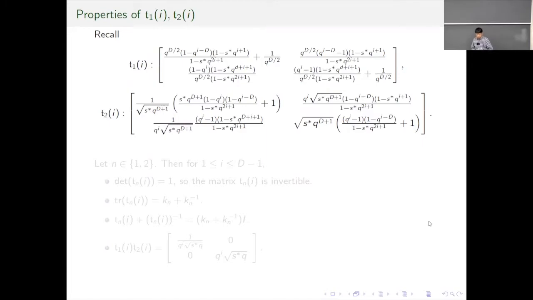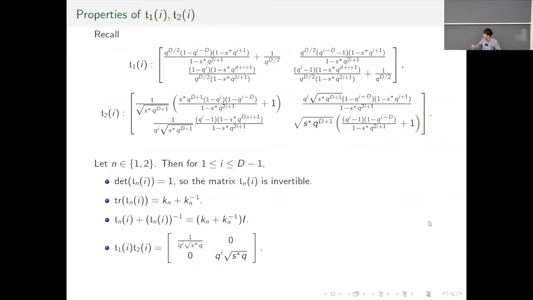Similarly, for T1i and T2i, 2 by 2 matrices for every I from 1 to D minus 1, we find the following properties. Each 2 by 2 matrix has determinant 1, so it is invertible. The trace of Tni is Kn plus Kn inverse.